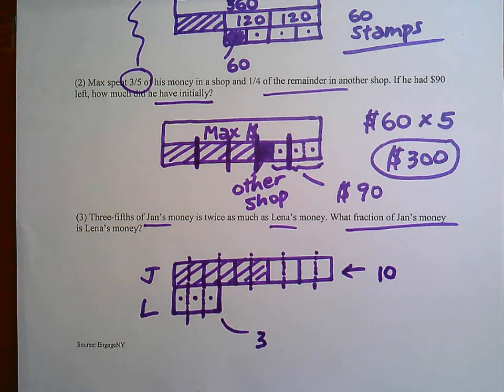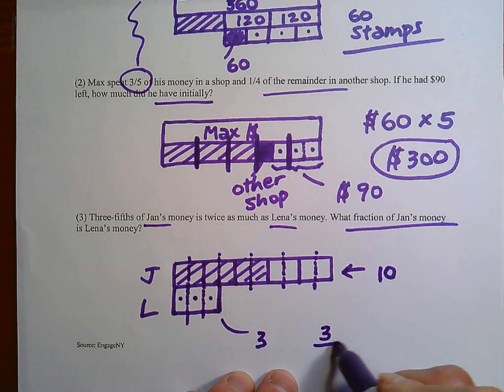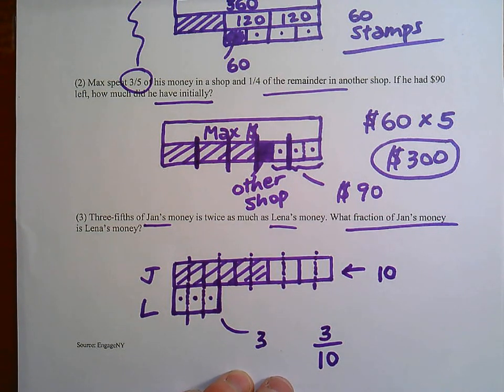So what fraction of Jan's money is Lena's? You can see it by our relationships here: 3/10. This is a different kind of problem because we're not being asked for the number of stamps or the amount of money. It's just asking how the two quantities connect. Lena has 3/10 of Jan's money.